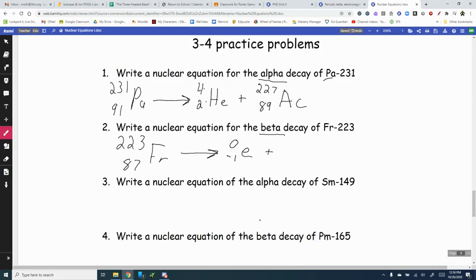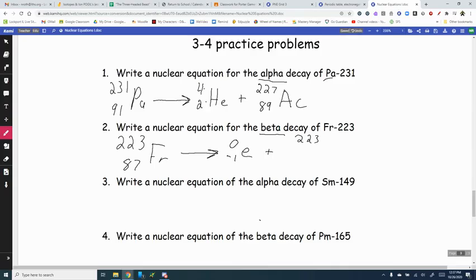So what this is doing is adding a proton to this. It's taking one of the neutrons from francium and turning it into a proton. So it is going to increase the atomic number by 1. So 223, because no mass changed.